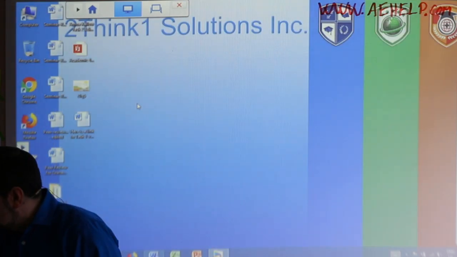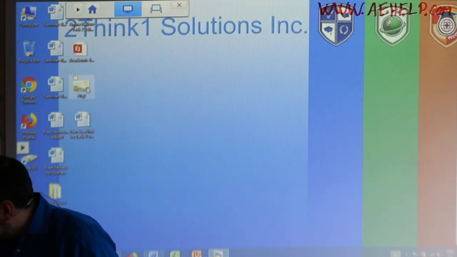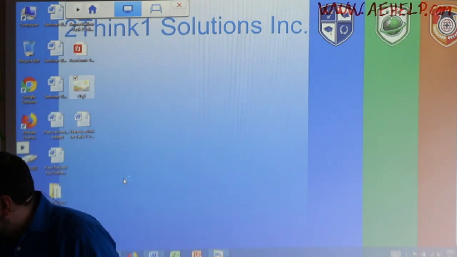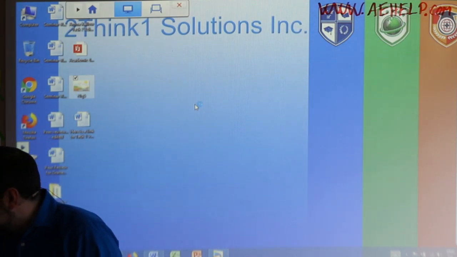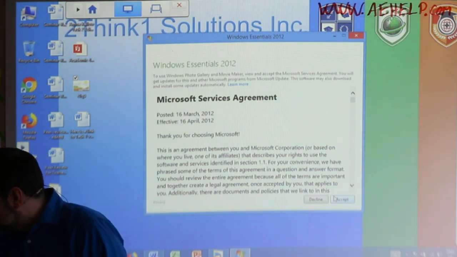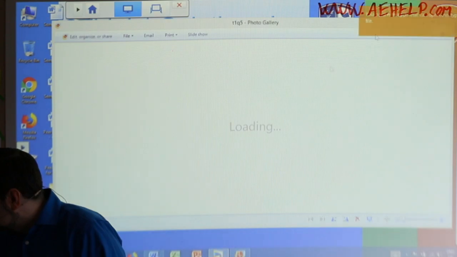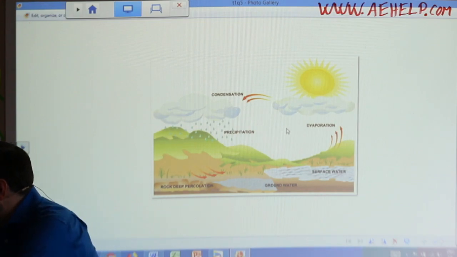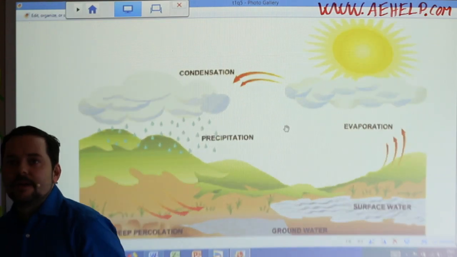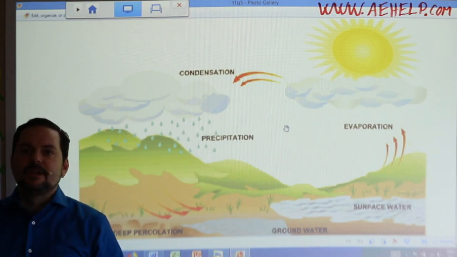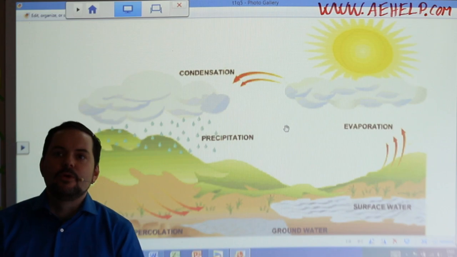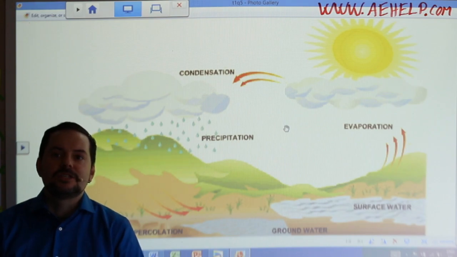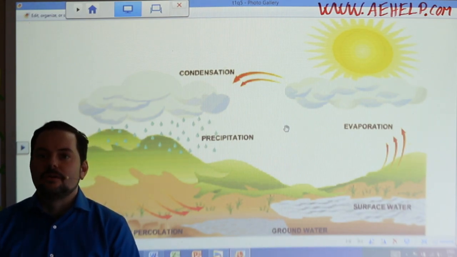Okay, so here's our diagram, and hopefully everybody can see that clearly now. This is the diagram we're going to be using for today's lesson. This is showing us the stages in the water cycle.